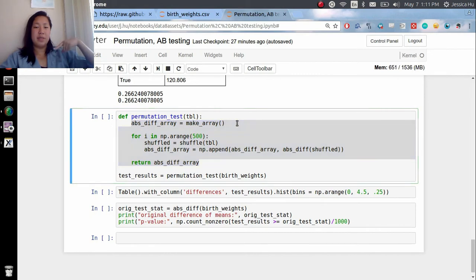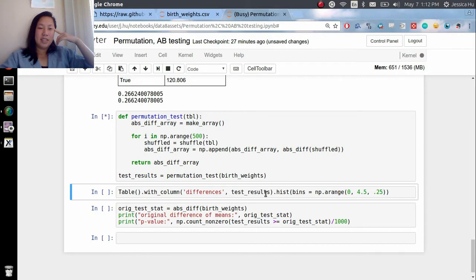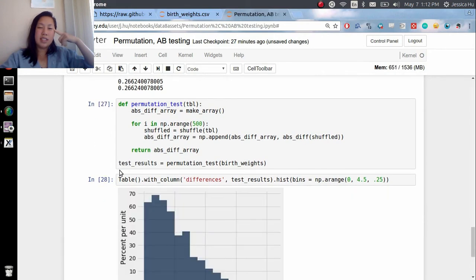We have our empty array to put all of our absolute differences, our test statistics, in, and here is where we do 500 different shuffles, and each time we calculate the absolute difference of the shuffled table, and then it'll return our test results. So let's just run it and see what we get.